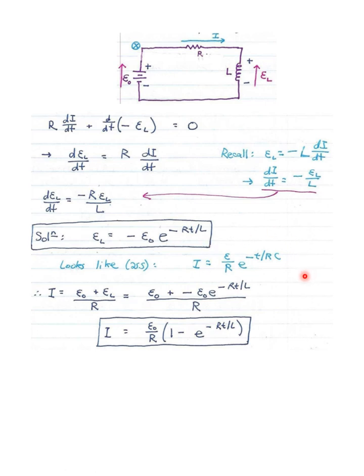We learned this back in chapter 25, that current for an RC circuit is the voltage over resistance times e to the negative t over RC.